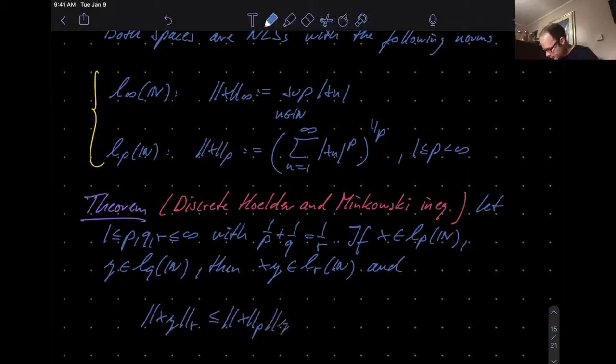xp yq. So once you have this inequality, if x is in lp, then this is finite. If y is in lq, this is finite. So the product will be finite, hence the left-hand side is finite, and that precisely tells you what's written up there. Okay, this is Hölder.